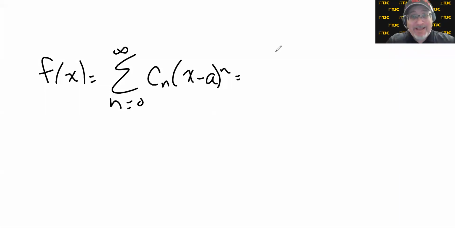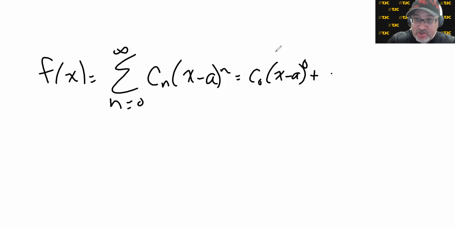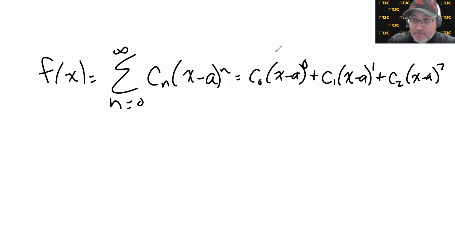If we were to expand this by letting n start at 0, then we would get c0 times x minus a to the 0 plus c1 times x minus a to the first plus c2 times x minus a squared.